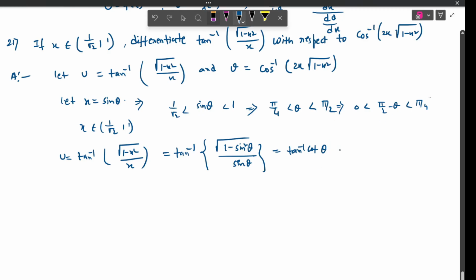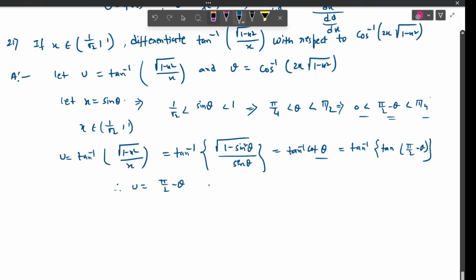So we can convert it as tan inverse tan of pi by 2 minus theta. So it is between 0 to pi by 4, we can write cot theta as tan of pi by 2 minus theta, and just now we have seen that pi by 2 minus theta lies between 0 to pi by 4. So in 0 to pi by 4, tan inverse tan theta will be theta. So our u is pi by 2 minus theta.